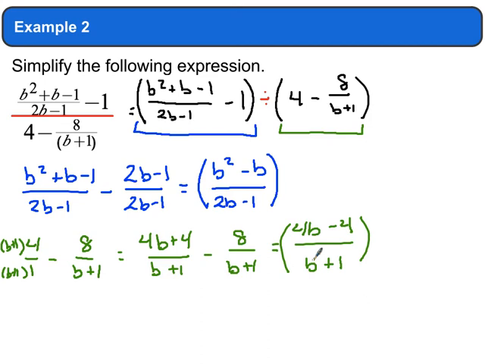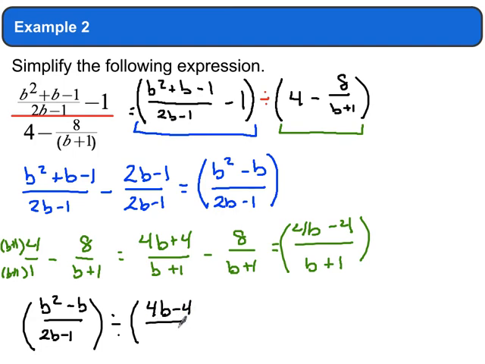So now that we have that listed, what we're going to do is divide the two results. So right now we are at the point where we've got b squared minus b over 2b minus 1. We want to divide that by 4b minus 4.